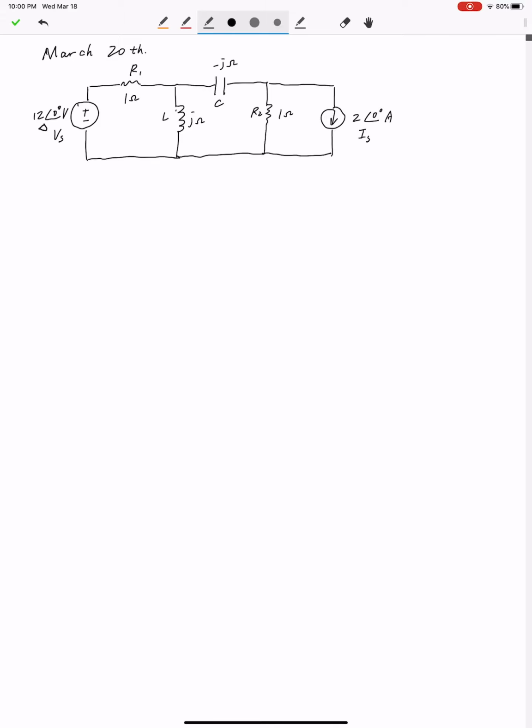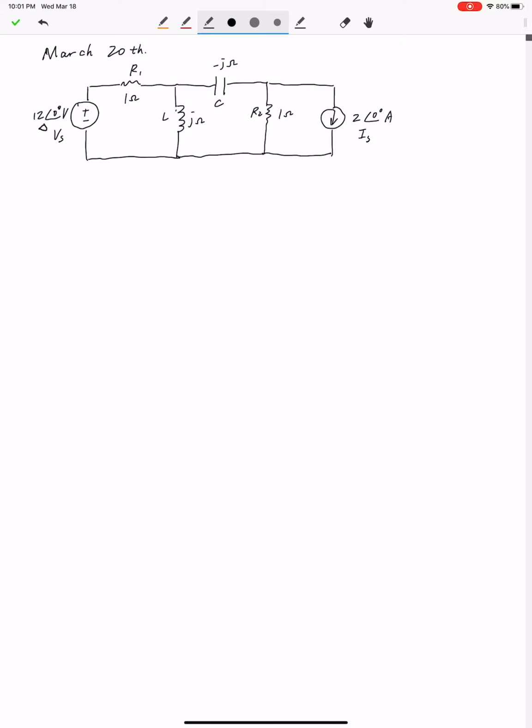So we can just treat all components as resistors and treat sources as DC sources. The only special point is that right now all components and sources are presented as complex numbers.